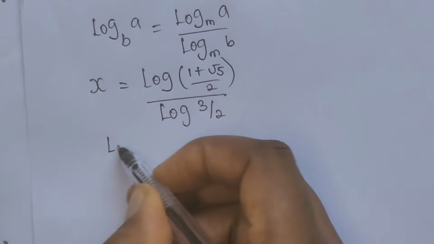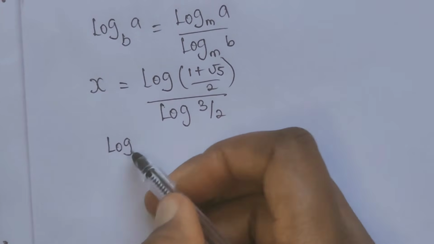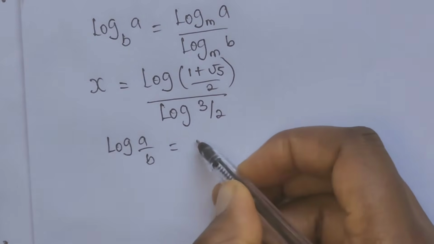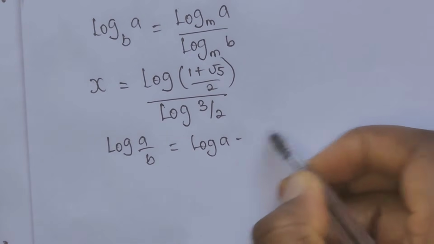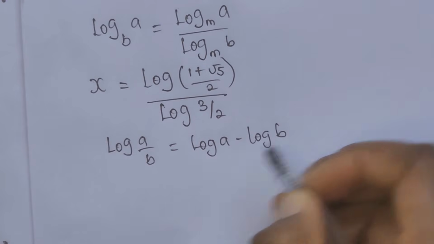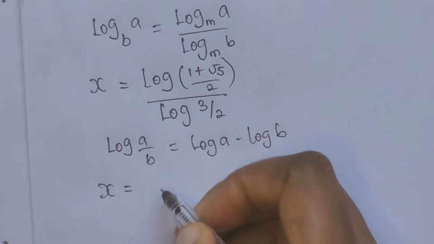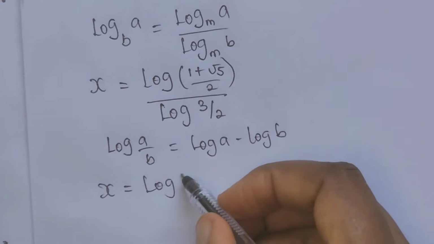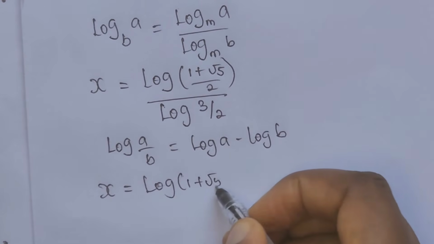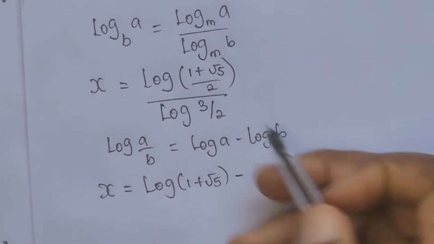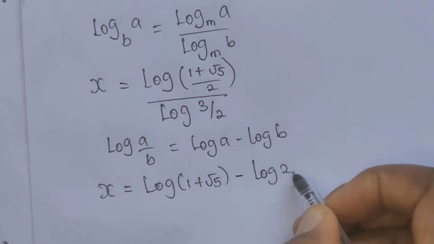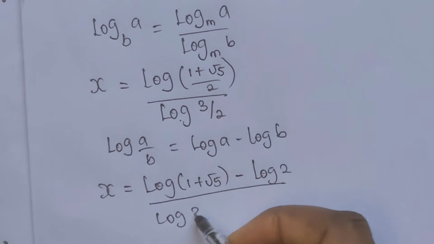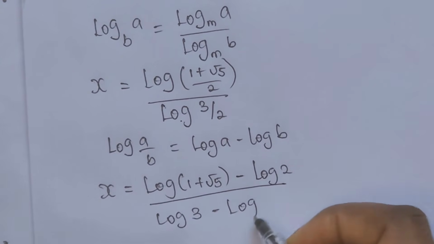So from law of logarithm, we have log of a over b to be equal to log a minus log b. So our x is equal to, for the numerator, we have log of (1 plus root 5) minus log of 2 all over, for the denominator, we have log of 3 minus log of 2.